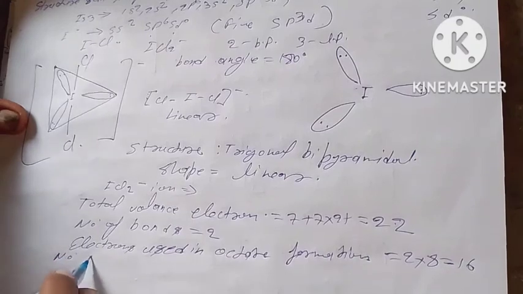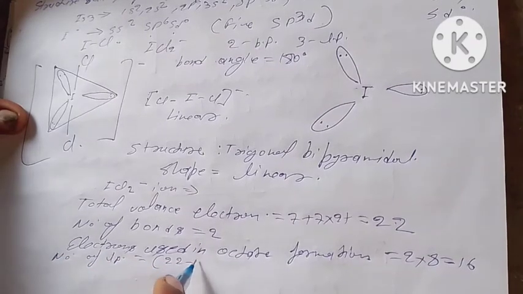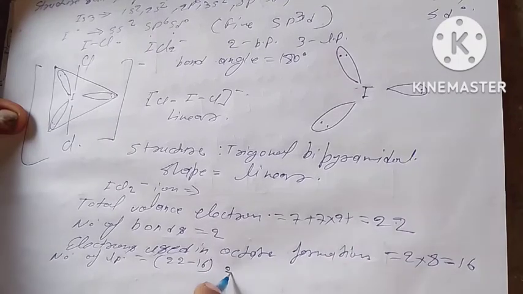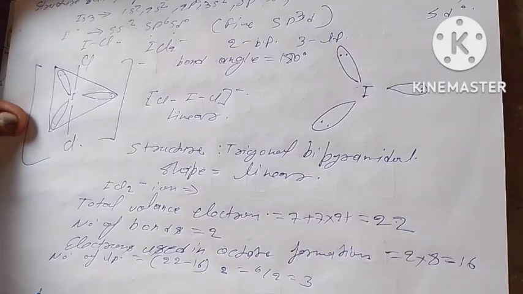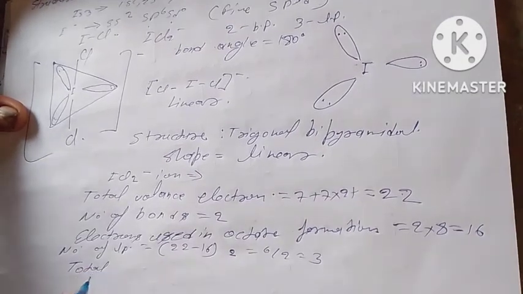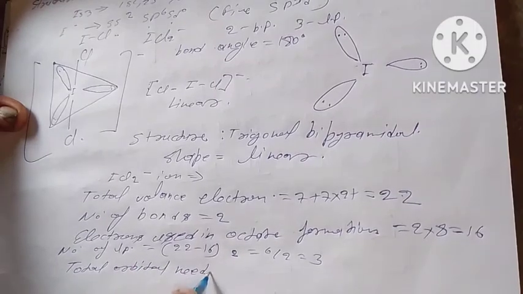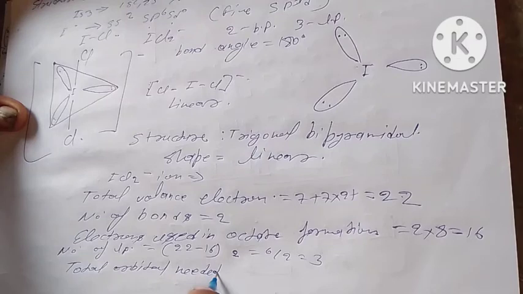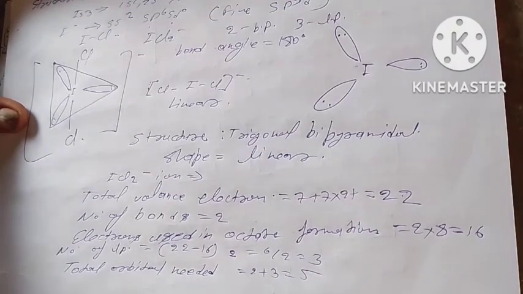Number of lone pairs equals 22 minus 16 whole upon 2, equal to 6 upon 2, equal to 3. Total orbitals needed are 2 plus 3, equal to 5.